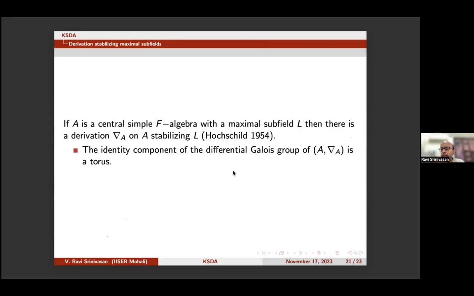So this is very rare. Most of the derivations will not stabilize any maximal subfield. So when it does, the Galois group is going to be quite simple.